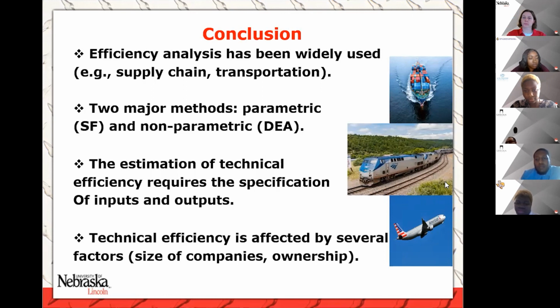The estimation of technical efficiency requires the specification of inputs and outputs. Usually for inputs we use capital, energy, and labor. For output we use revenue, usually revenue in dollars. And finally, technical efficiency is affected by several factors, especially the size of companies and ownership.